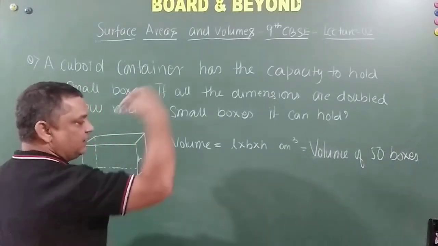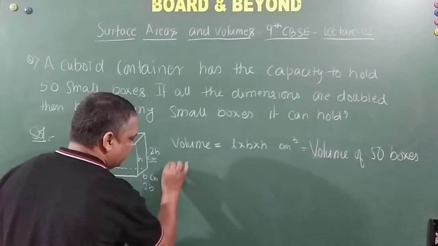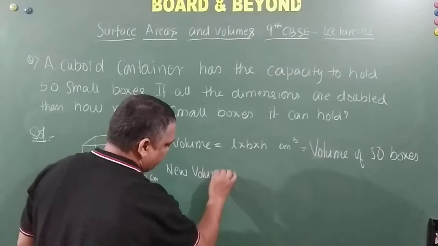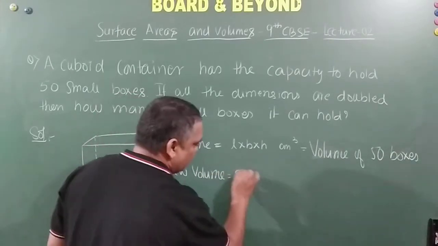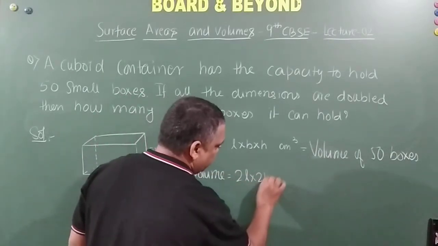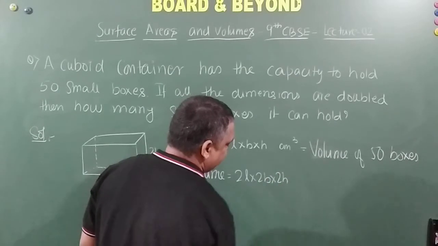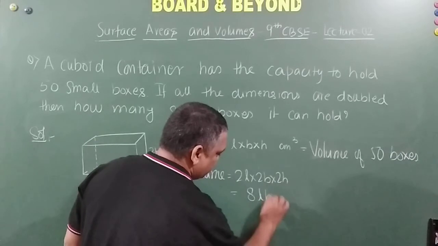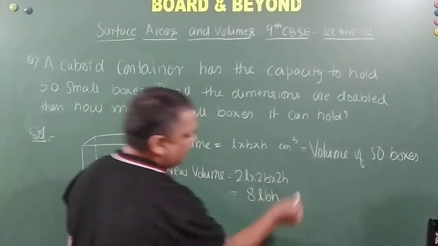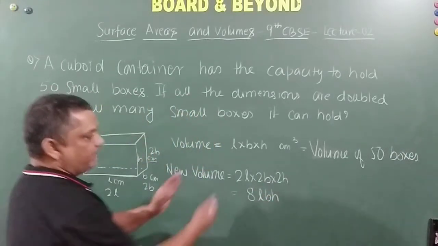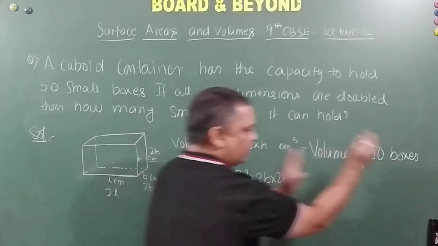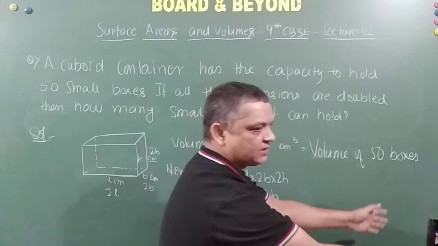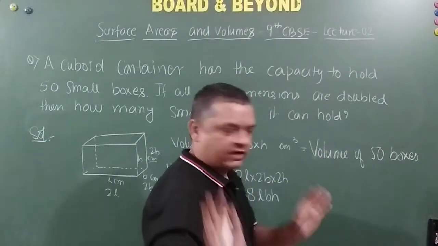Now what will be the new volume? New volume will be 2L into 2B into 2H. Right friends? Which is equal to 2 into 2 into 2 into L into B into H, which is 8 LBH. Right? So if this volume can hold 50 boxes, 8 times of this volume can hold 8 times the number of boxes, right? You are there with me?